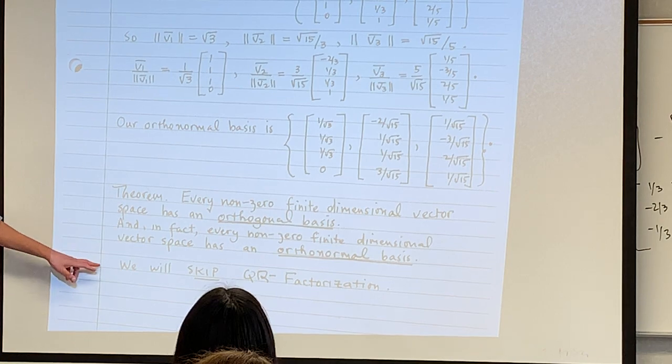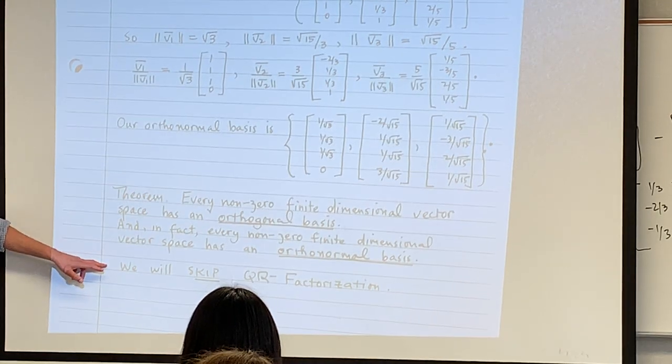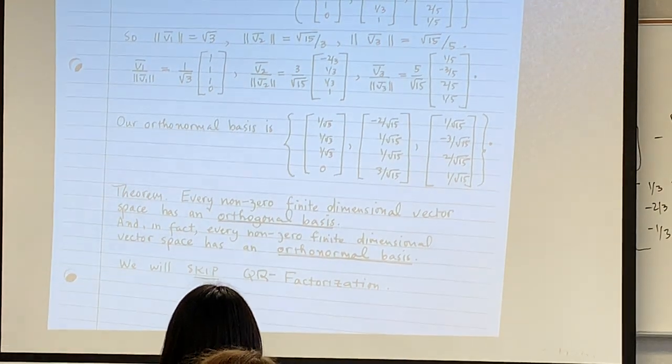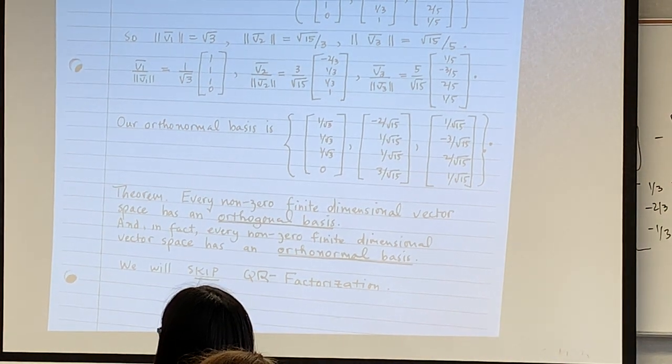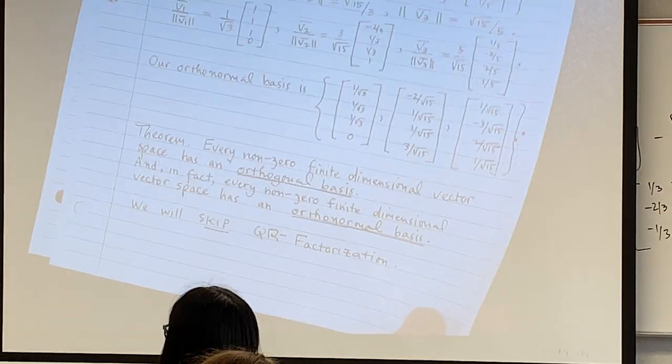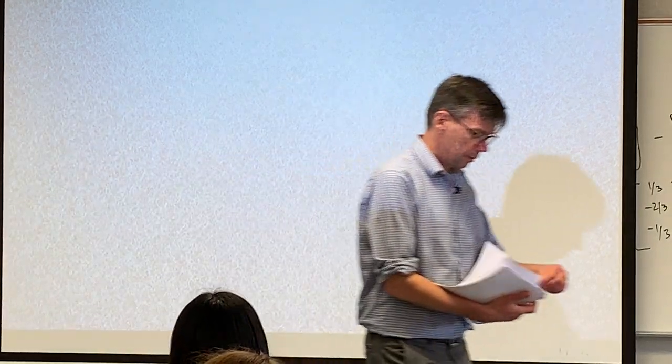We're going to skip QR factorization in that section. So if you're reading along, you don't have to read that section. And now we are at the end of the handout. I want to finish today just by giving you the next sheet since I have it ready. So you'll be OK with Gram-Schmidt, but you have to practice it, and you are going to be asked to do that on an exam and a final.